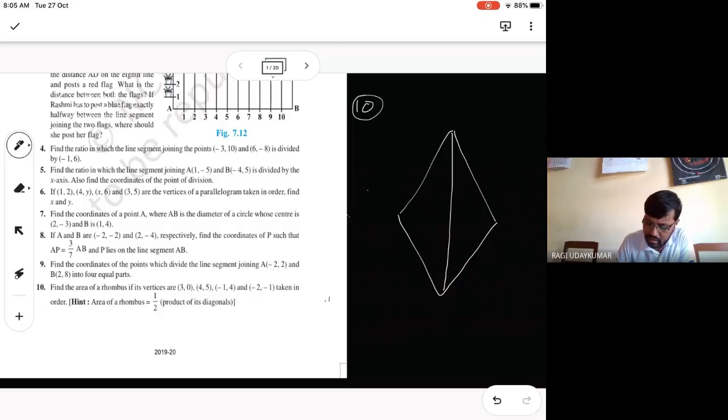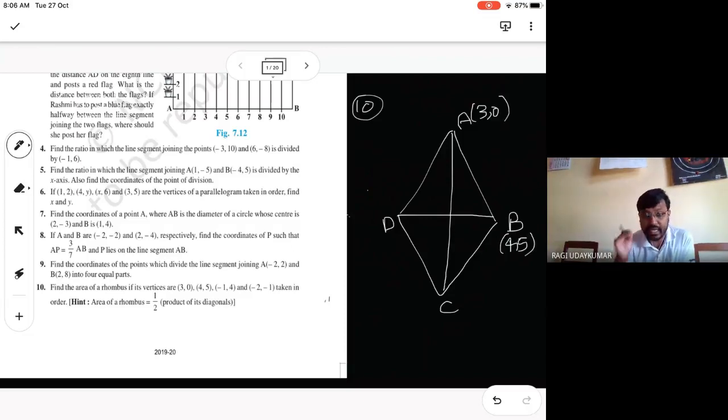Points A, B, C, D are to be taken in that order only: 3,0; 4,5; -1,4; and -2,-1.